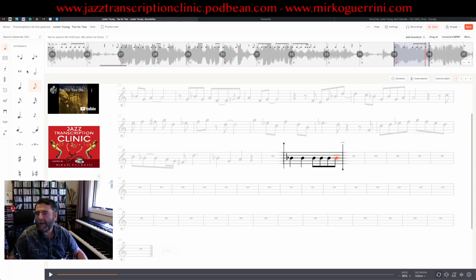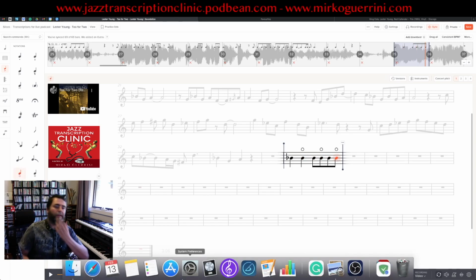Now we need to mark this somehow, and maybe I will put like a cross on top where it is, or maybe even this, and then you can write a sort of legend where you know that the fingering corresponds to an alternate fingering, or like something like this.